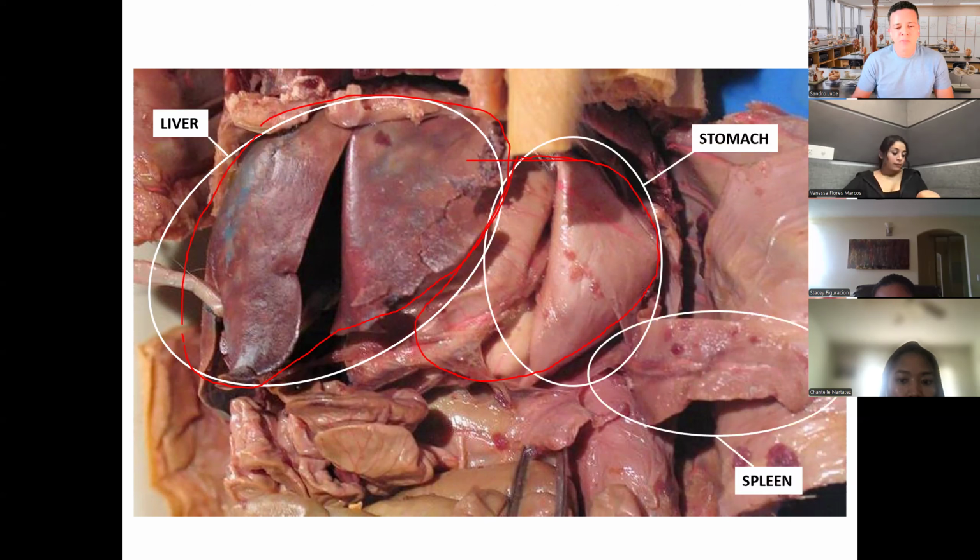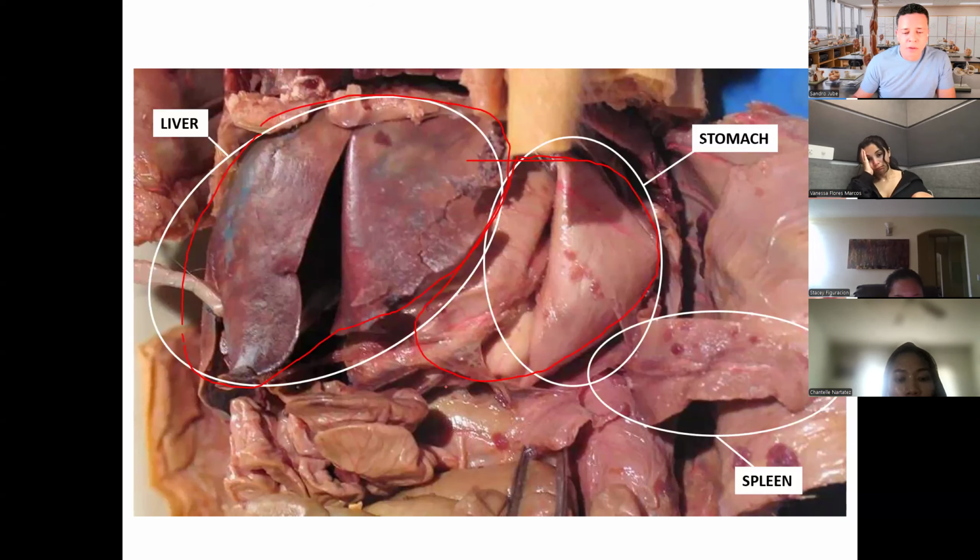What is the function of the spleen, guys? One of the functions of the spleen is to cleanse our blood. If we have any viral or bacterial infection in our blood, as the blood passes through the spleen, it contains white blood cells called macrophages that are going to destroy those microbes. Okay? And the spleen also recycles old, worn out red blood cells.